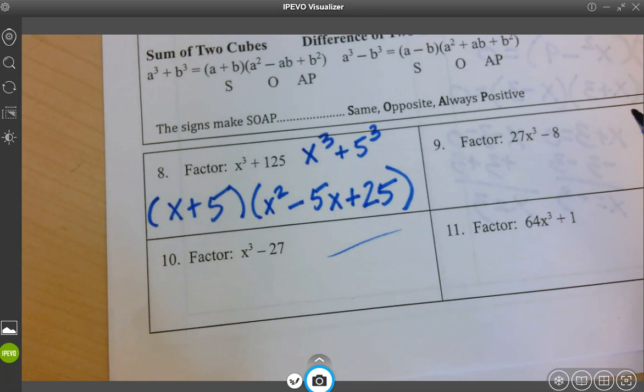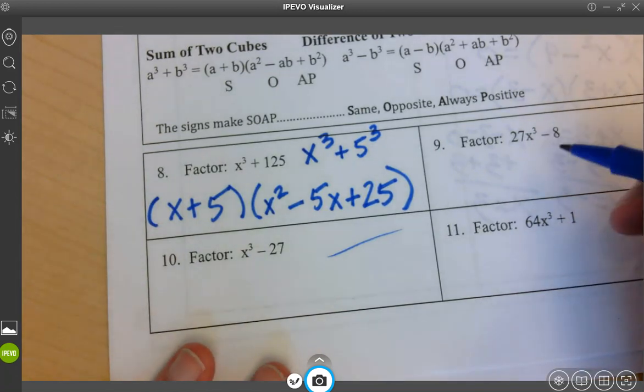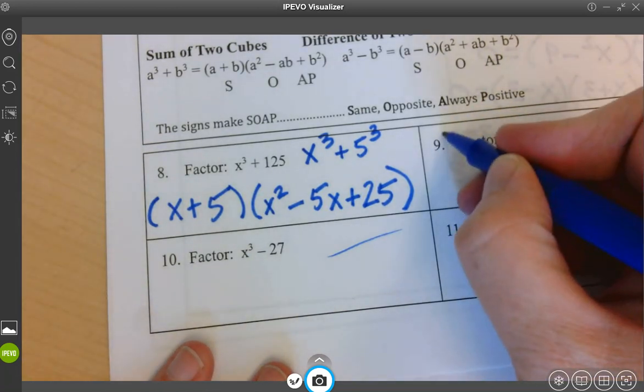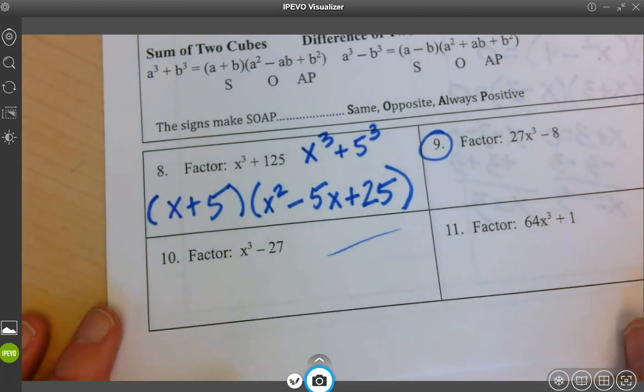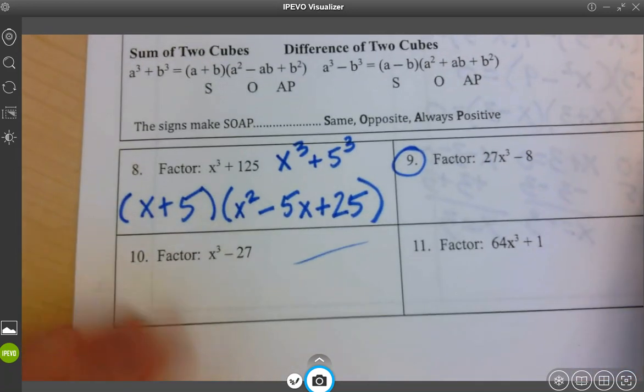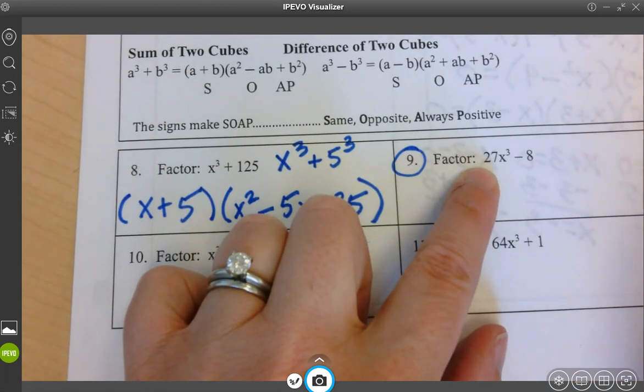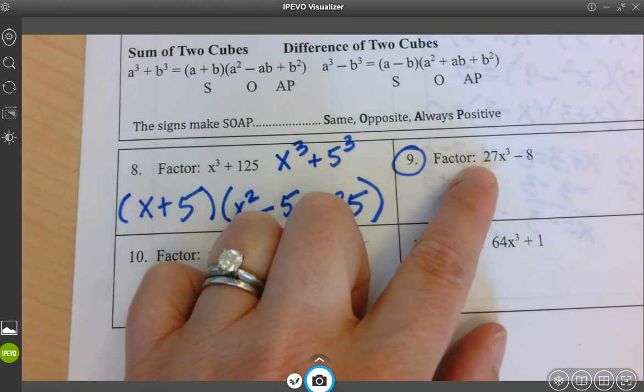All right, one more because I want us to see one where there's a number for each. So we'll do 9. Then after 9, we're going to take a short break, and then we're going to go to boards, okay? All right. We have to write each one as a cube. 27 is what number to the third power? Is it 9 or 3?